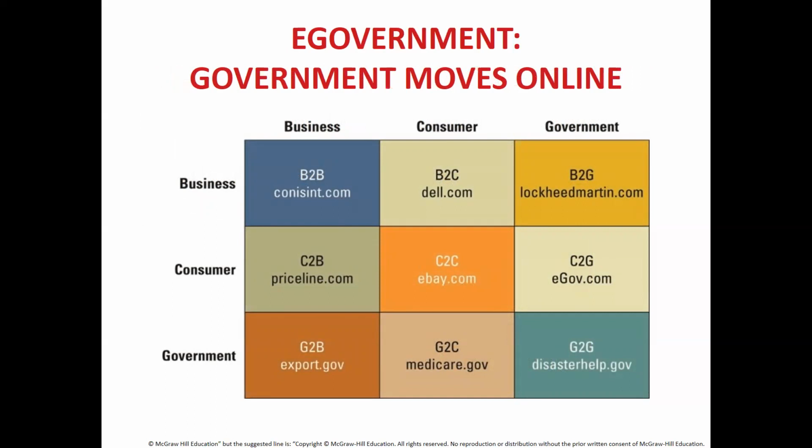Now, when e-government moves online, your 4 e-business model changes into a 9 e-business model. Why? With the introduction of government as another model. So you have business to business, business to consumer, and then business to government, whereby businesses are able to provide goods and services to the government.